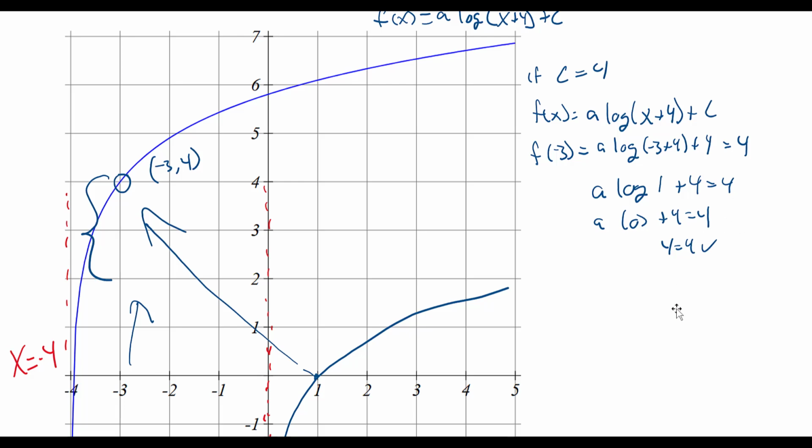But then the next thing we need to look at is whether there is another point it might go through. So let's think about this. 10 to the 1 power is 10, which would give us log base 10 of 10 equals 1.